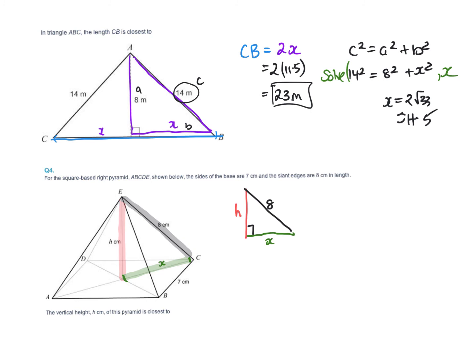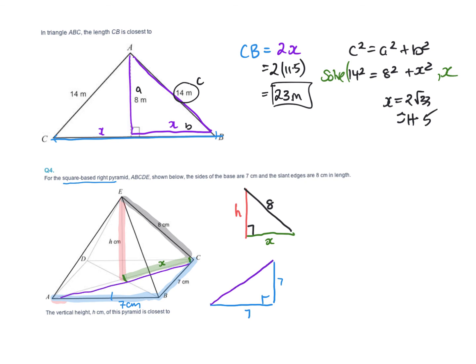All right, so that means I need to be able to get that x some other way. So if you look, you've actually got a right angle triangle on the floor of the square base pyramid. So here, now, because they told me it was a square base pyramid, I also know that that is 7 centimeters here. Okay, so I can use this square base where I've got 7 and 7, and what this line across here is this line across there.